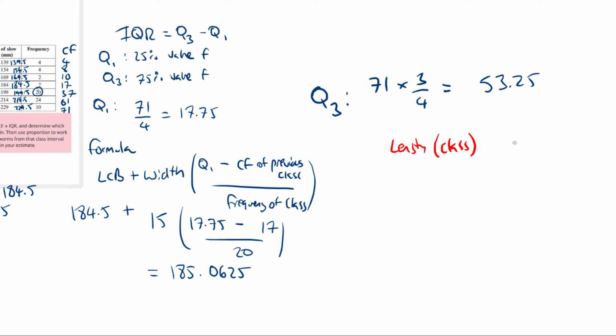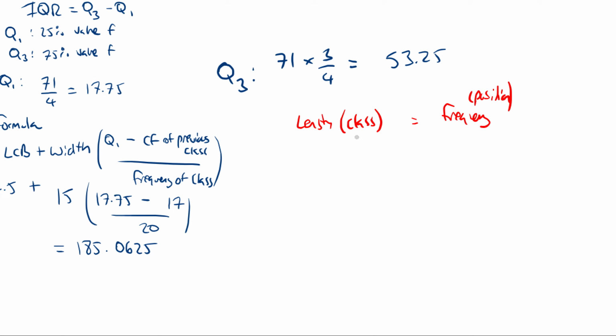And then on the right-hand side is equal to our frequency, or our position, essentially. So on both sides, it is going to be the equivalent of Q3 minus our lower class bound. So our value that we're interested in, in this case Q3, minus our lower class bound, divided by the class width.